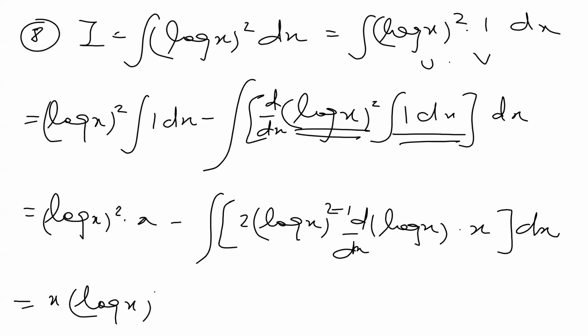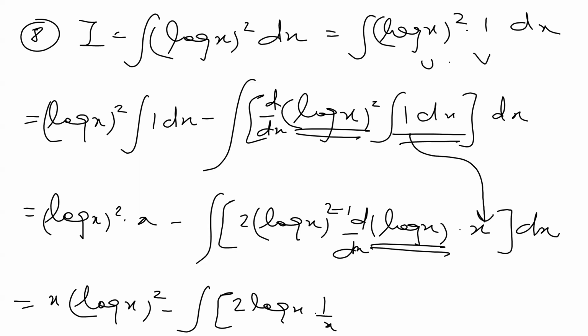So x (log x) the whole square minus box bracket, 2 log x, d by dx of log x is 1 upon x, and this integration of 1 was x, which will get carried forward over here. So now x got cancelled. Take this 2 outside. So we are left with log x into 1.